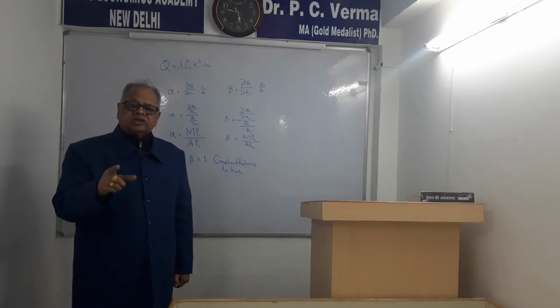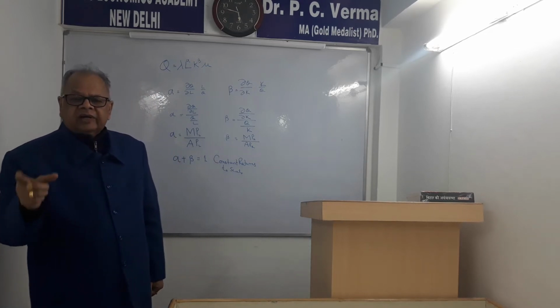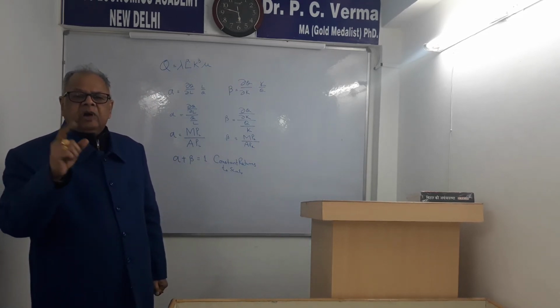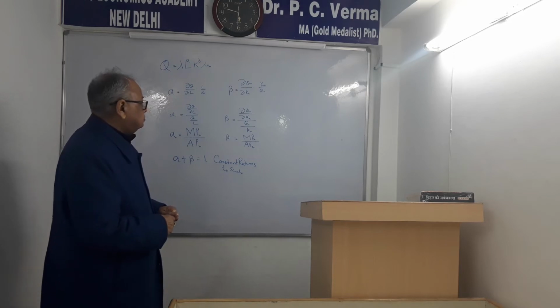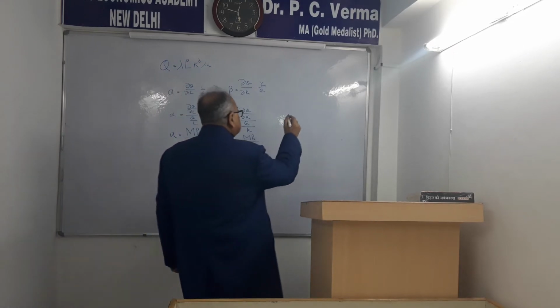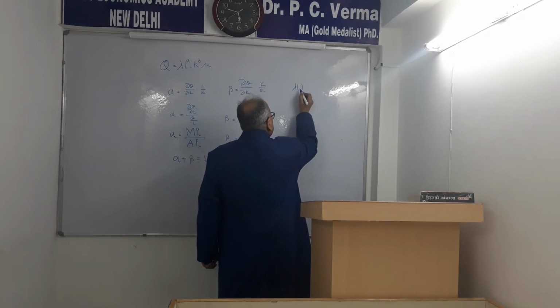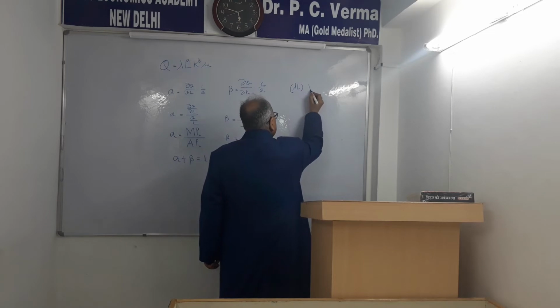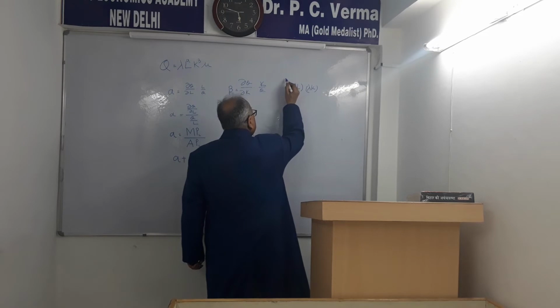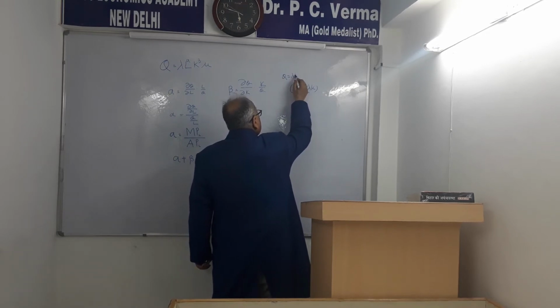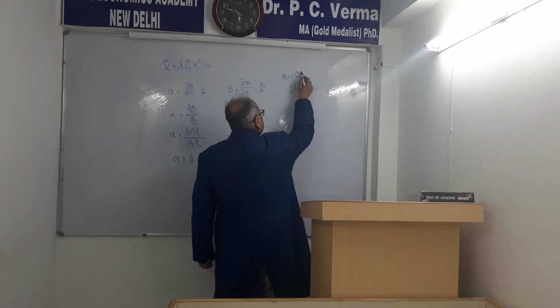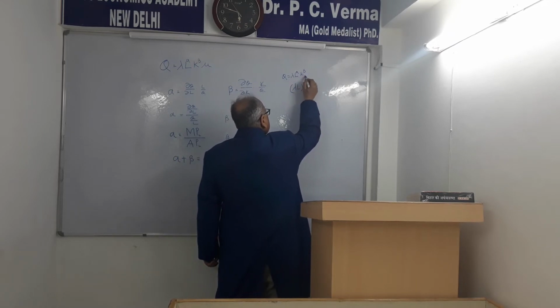Under returns to a scale, all factors will be increased by the same amount. So under returns to scale, all factors: labor will increase by lambda, capital will increase by lambda. Lambda, L alpha, K beta, mu.